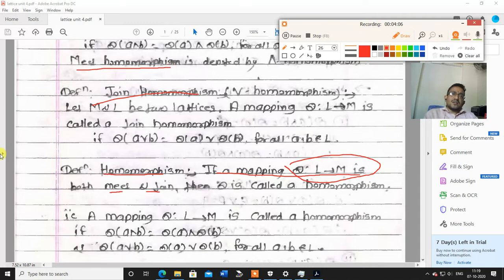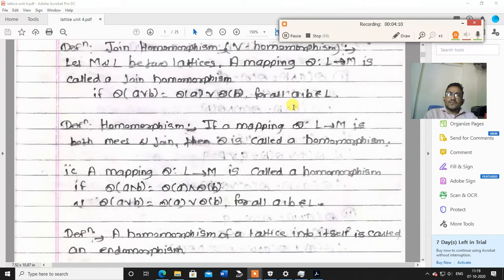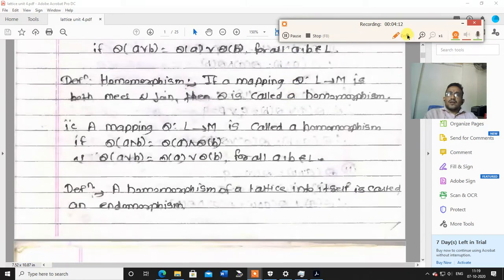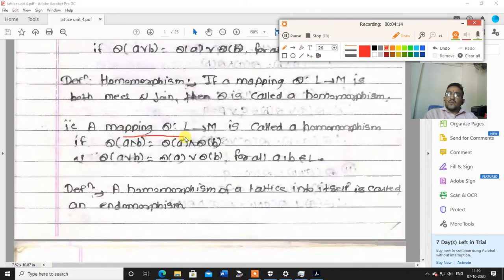That is simple. A mapping theta from L to M is said to be a homomorphism if it satisfies the given conditions.